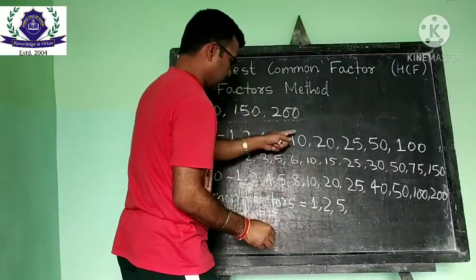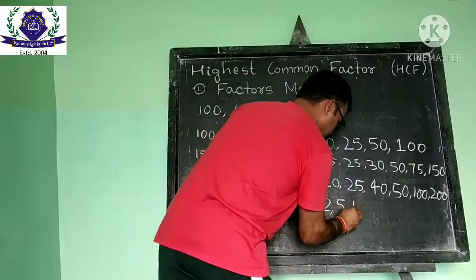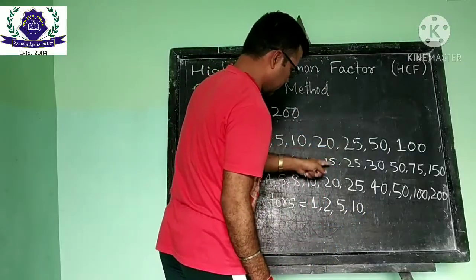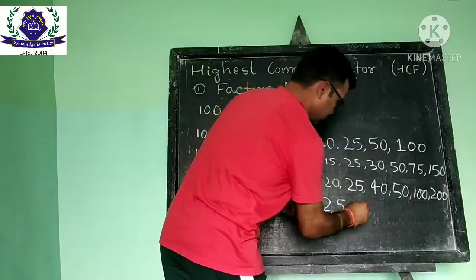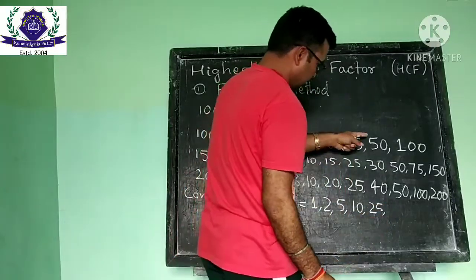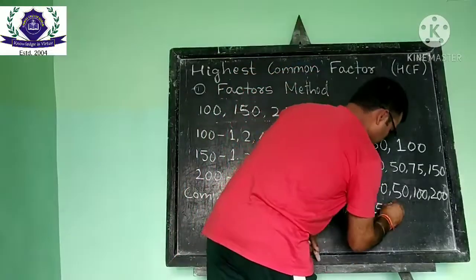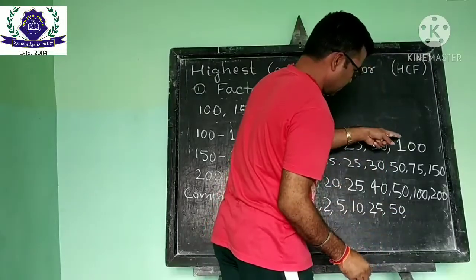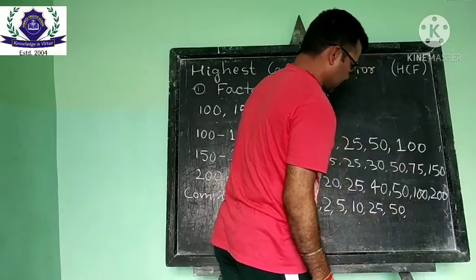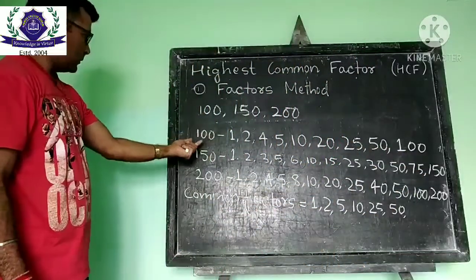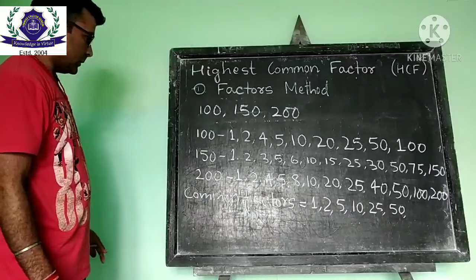Then 10 is common in all. 20 is not common, so 25 is common in all. Next, 50 is common in all. So these are the common factors of 100, 150 and 200.